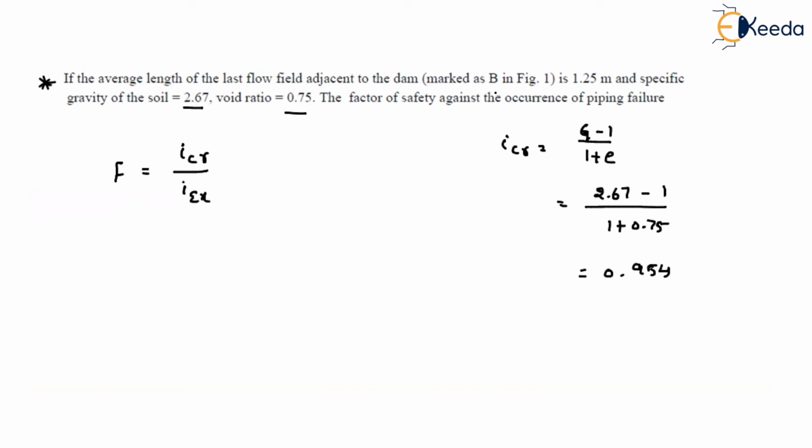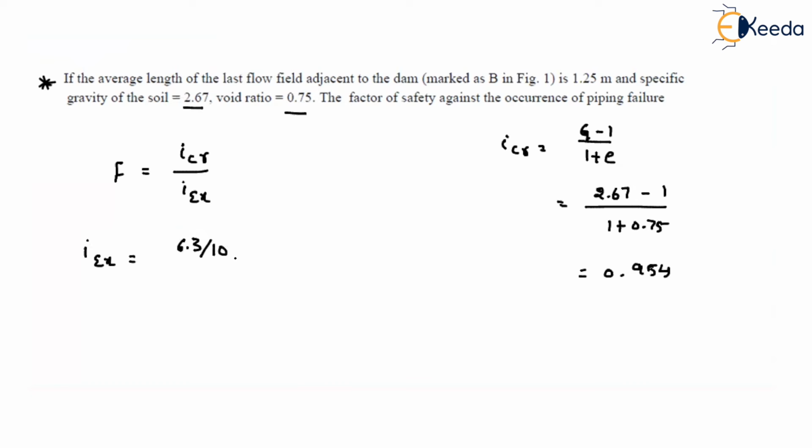Now at point B, we have to find the exit hydraulic gradient. How can I find my exit hydraulic gradient? That is nothing but the head loss divided by the average length, isn't it? What is the head loss? At each drop, the total head available is 6.3 divided by how many drops there are, 10.